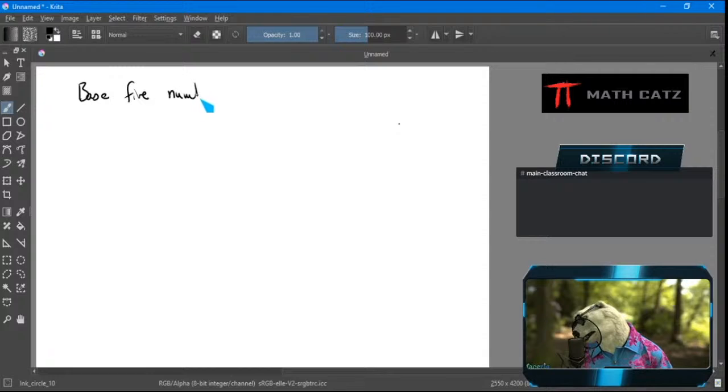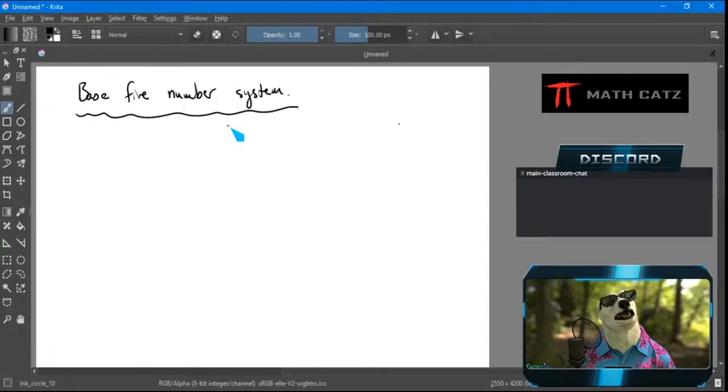So, base 5 number system. Really, all we're doing here, we're not actually reinventing what we did on Thursday. It's still exactly the same as the one hand system.